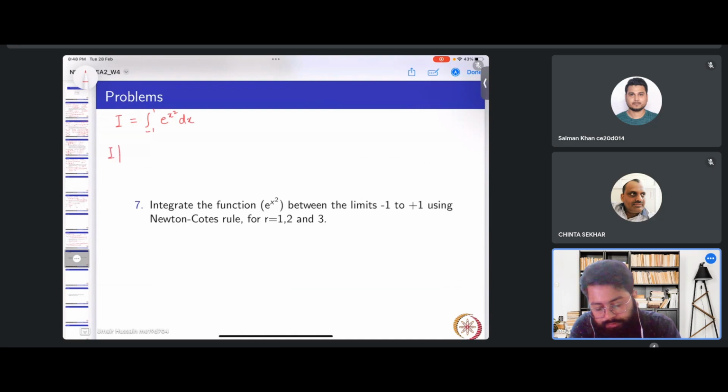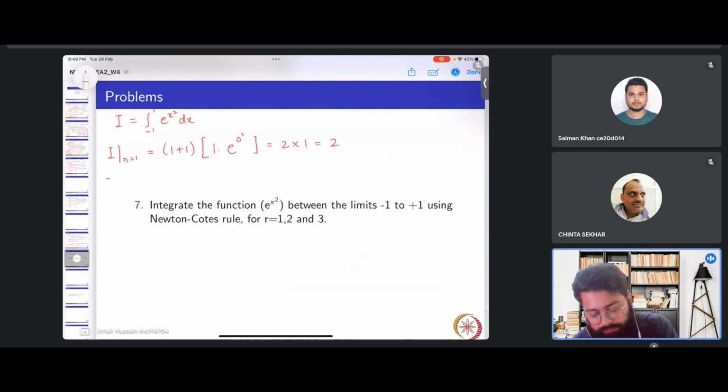So for r equals to 1, we just have one weight, so it will be 1, and we just have 1 point, so we'll take the midpoint. So our function is e to the power 0 square. So it gives 2 into e to the power 0 is 1. Get 2 for r equals to 1.